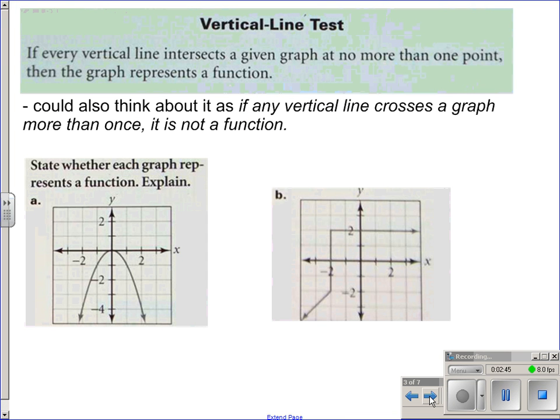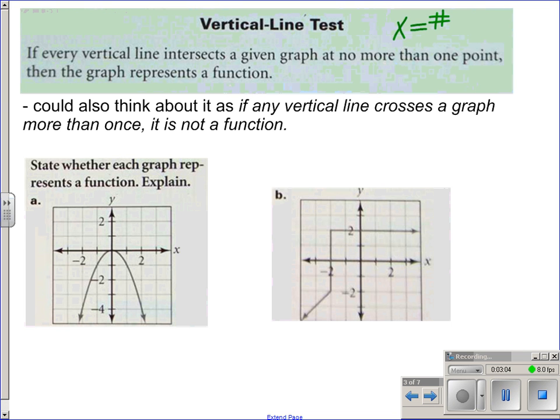And so that kind of leads right into the vertical line test. Vertical line, if you recall from chapter 1, when you have a vertical line, the equation is x equals a number. So when you're dealing with a vertical line, you are looking at a single x value.